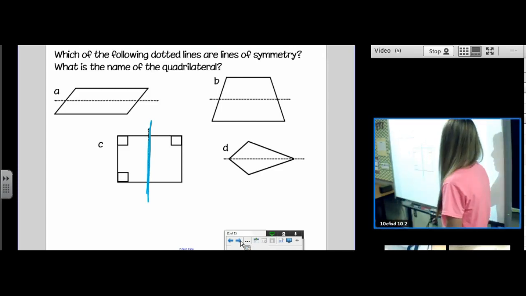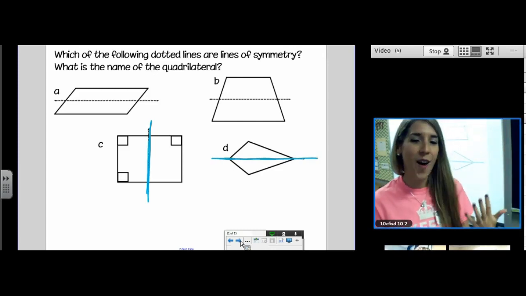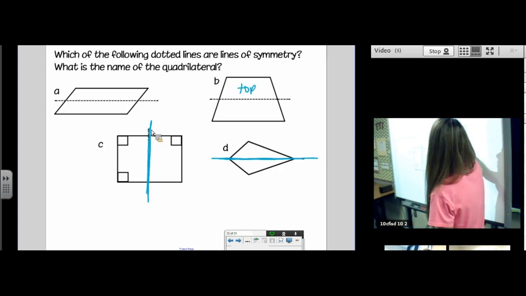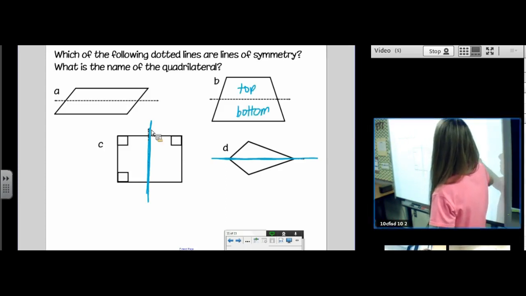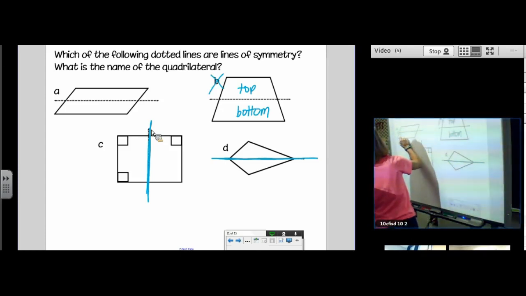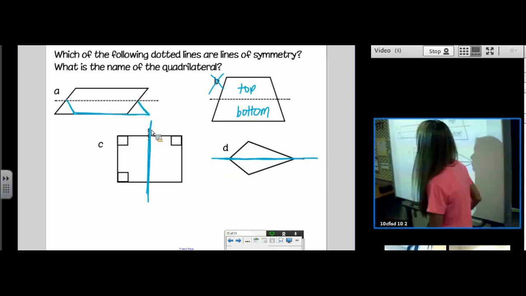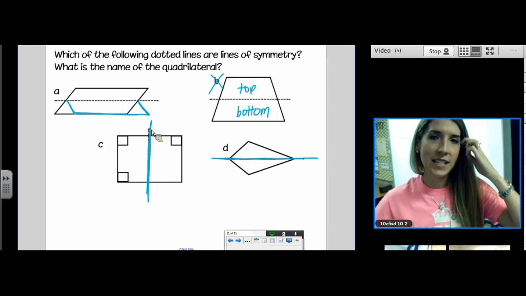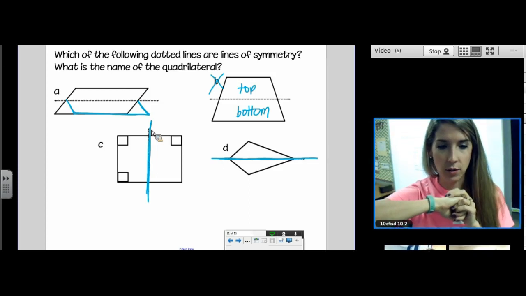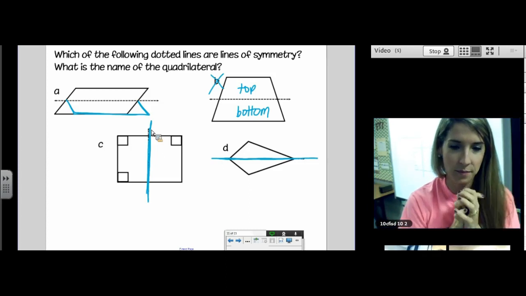If I draw the diagonal of symmetry of the kite, it's obviously a line of symmetry. This one, is the top congruent to the bottom? No. If I were to flip this over, I would get this. That's not a line of symmetry. It has to be a mirror image. It has to look the same on one side as the other. If I flipped that parallelogram over, it would not be symmetrical. Victor, we had to assume they were in the middle. Sorry, we just had to assume that. Okay.